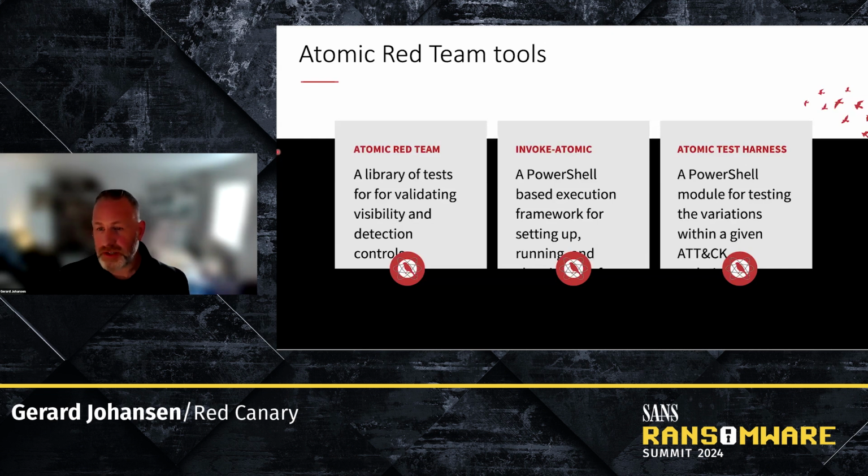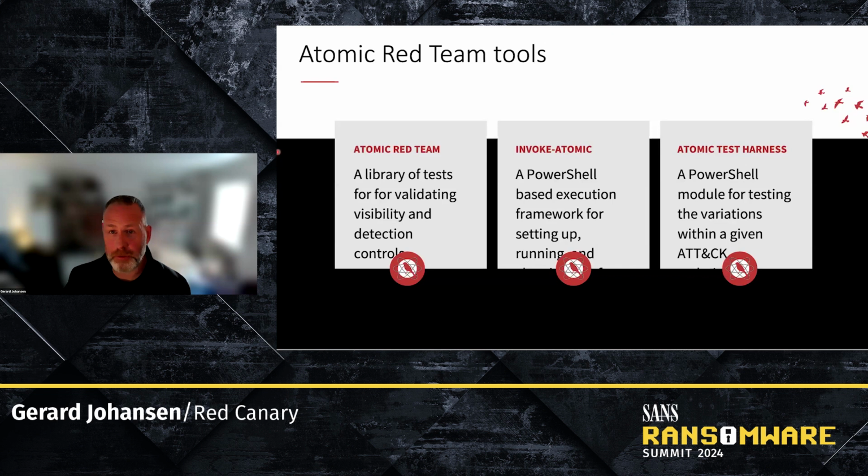One of the others is a tool that is often necessary with Atomic Red Team. Atomic Red Team can be standalone, and you can run specific tests, but if we're going to get into emulation and use emulation plans, you're going to need something like Invoke Atomic. This is a PowerShell-based execution framework that runs on any type of Windows endpoint that has PowerShell.